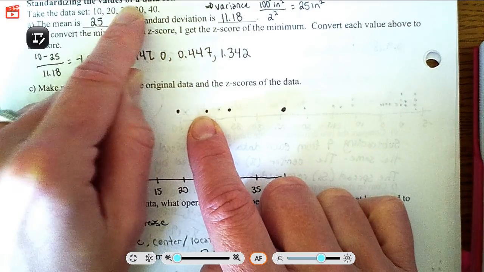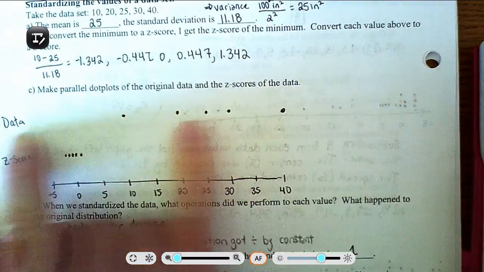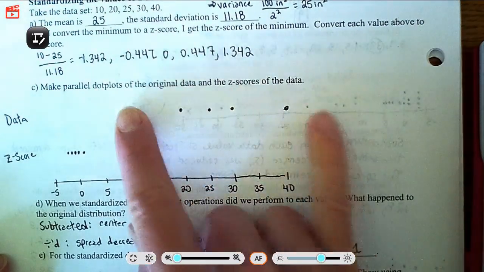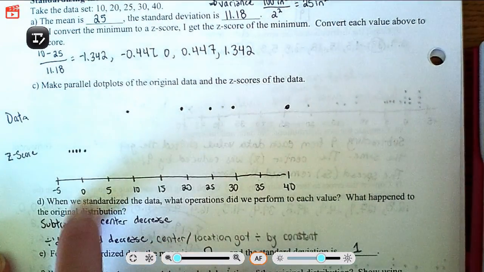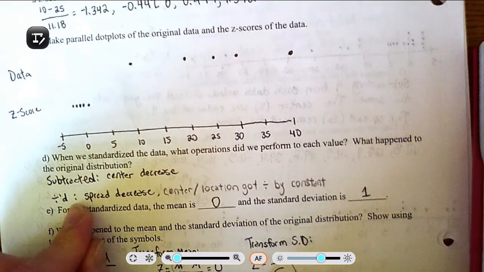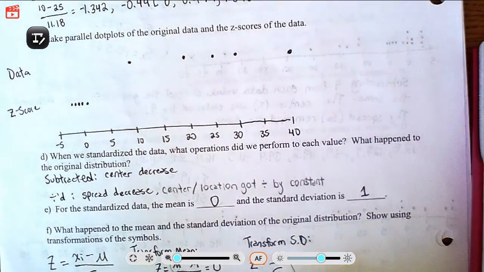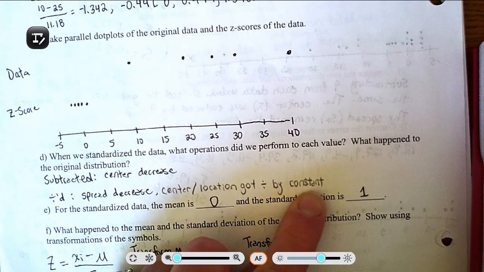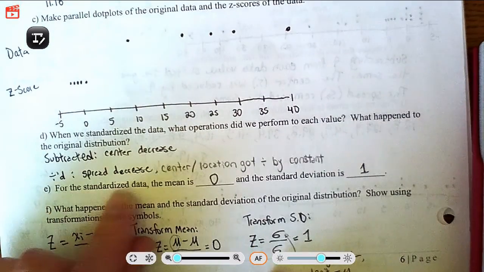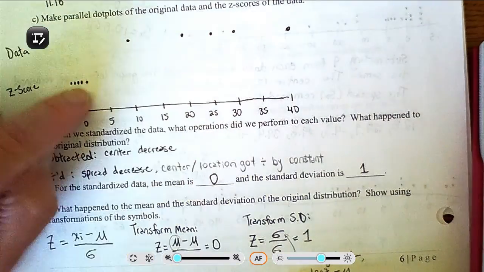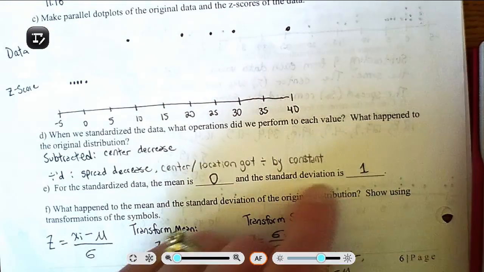And then each of these gets subtracted by 25 as well. So it goes 25 to the left, where its center was 25, its center is now at 0. Okay, and when we divided, the spread decreased. The center and location each got divided by the constant, so in a way they decreased too. For the standardized data, the mean is 0, and the standard deviation is 1.